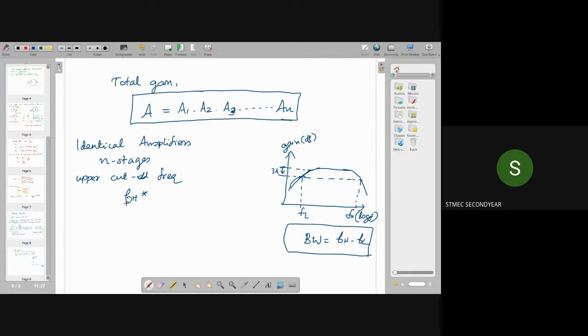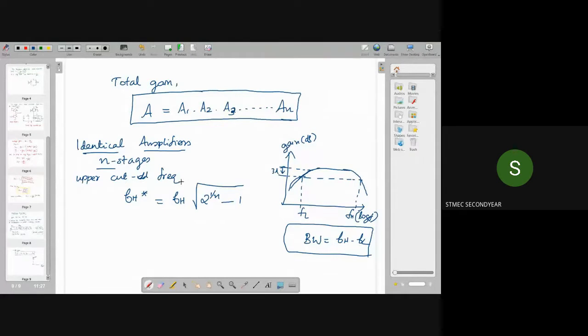This is the upper cutoff frequency for the multi-stage configuration. This will be equal to fh into root of 2 raised to 1 by n minus 1. Here fh is the upper cutoff frequency of each stage. So we are considering identical amplifiers with n stages. So the upper cutoff frequency of each stage is fh.